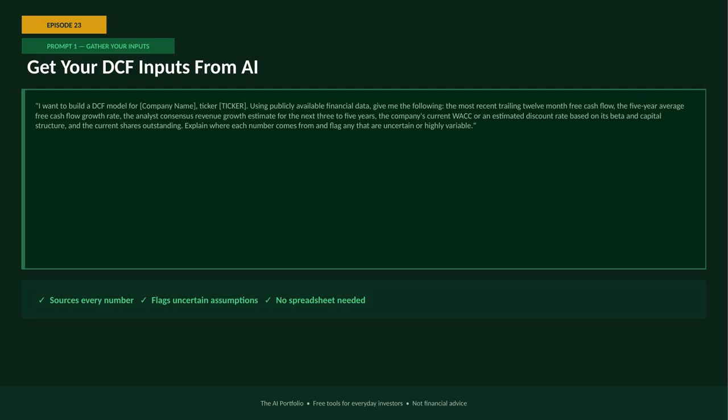Explain where each number comes from and flag any that are uncertain or highly variable. This gives you a clean set of inputs with sourcing, so you know which assumptions to stress test.